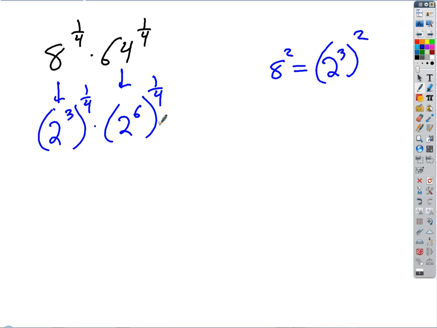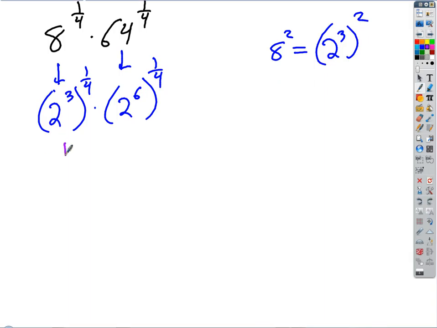Now I've got like bases, don't I? They're 2's. So what is 2 cubed to the 1/4? If I take a power to a power, what do I do? Multiply exponents. So what's 3 times 1/4? 3/4.